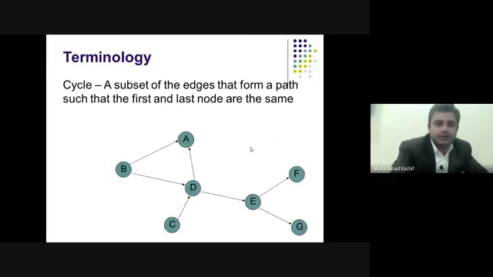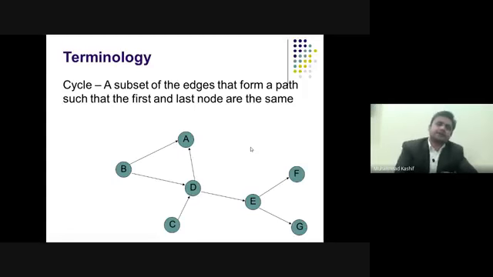And if we see on this slide, there is a directed path, but not a cyclic path, because a cycle is a subset of edges that form a path such that the first and last node are the same.